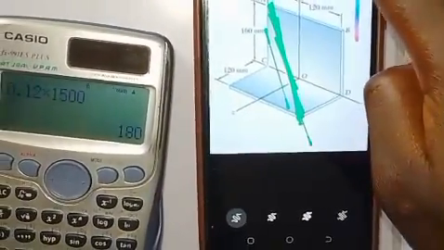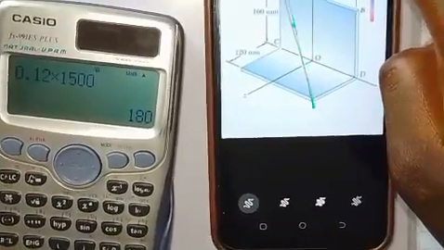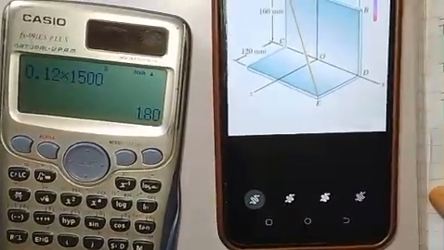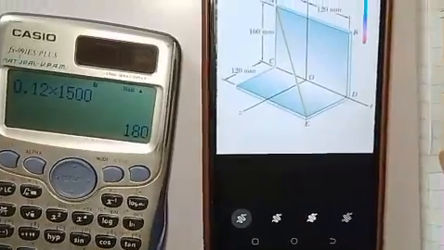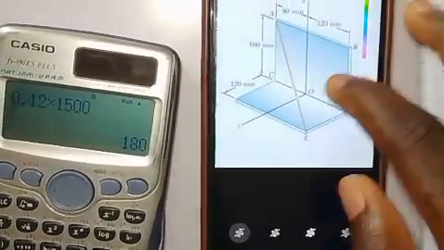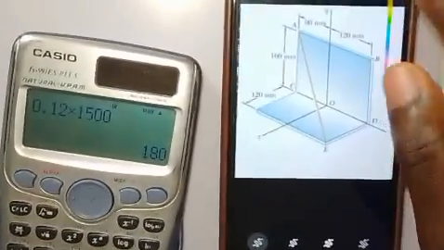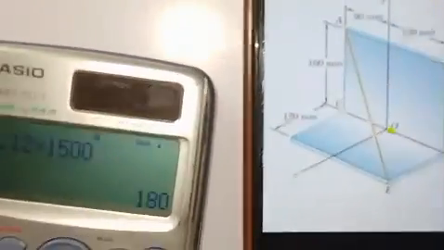So this is how we go about calculating the moment. We pick any point. Don't forget the question asks us to use point O, so we take point O as our reference point. Then the next thing we do is connect it to any point on this line of action.